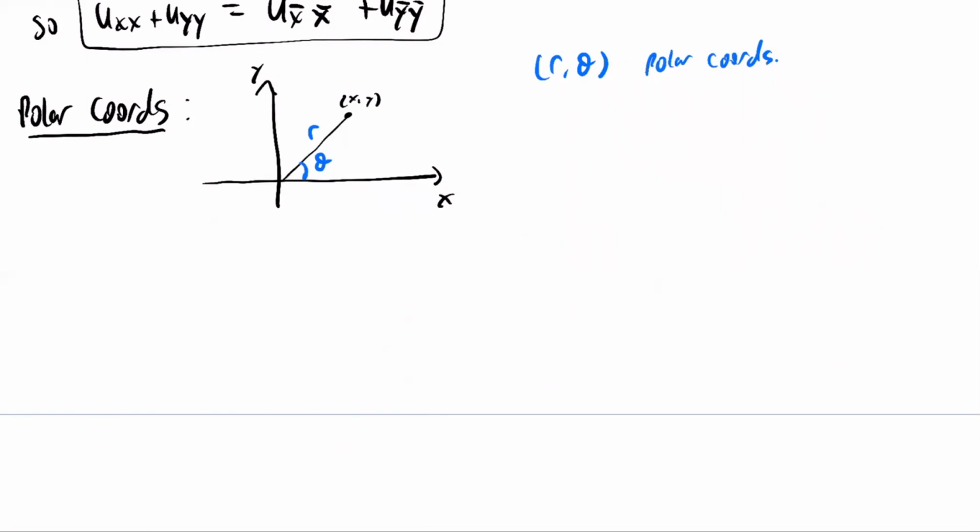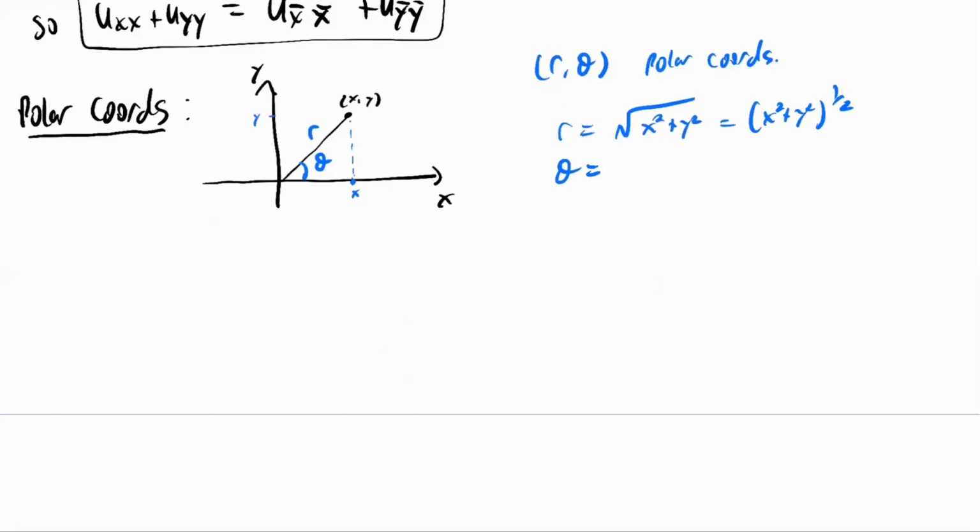Well, remember, how do these coordinates relate back to the others? Well, r is the length of this vector, so it's the square root of x squared plus y squared. Right, and theta is given by, right, this is my x value. This is my y value.